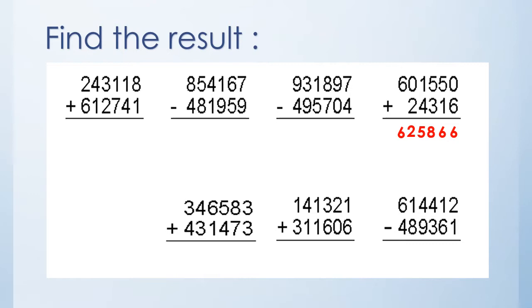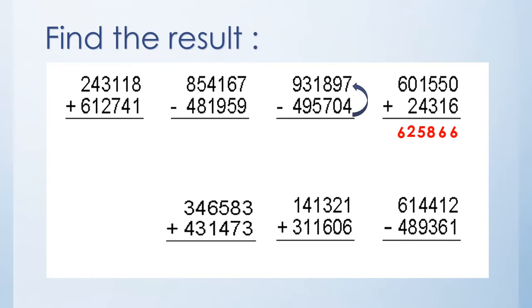The second problem, 931,897 minus 495,704 equals what? As we know, we start with ones, and 7 minus 4. Don't forget, we count from down to reach number up. 7 minus 4. Count after 4 to reach number 7.